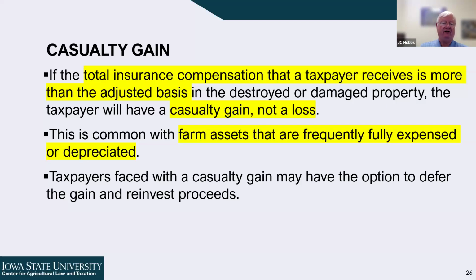Under normal circumstances, we'd have to pay tax on the $50,000. We decide we're going to replace that tractor. As long as the replacement tractor costs more than $50,000, we can defer the gain by reinvesting those proceeds. That gain is deferred until we sell that replacement tractor. So we kick the can down the road several years.